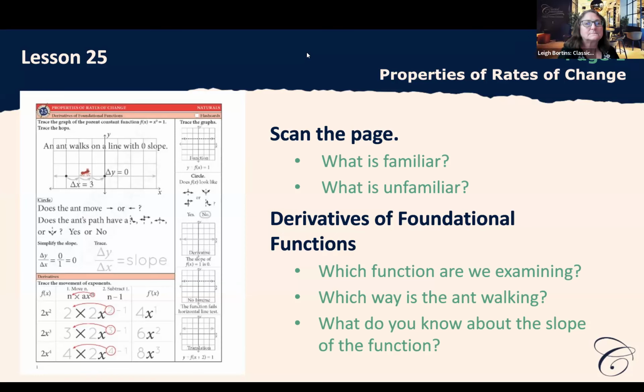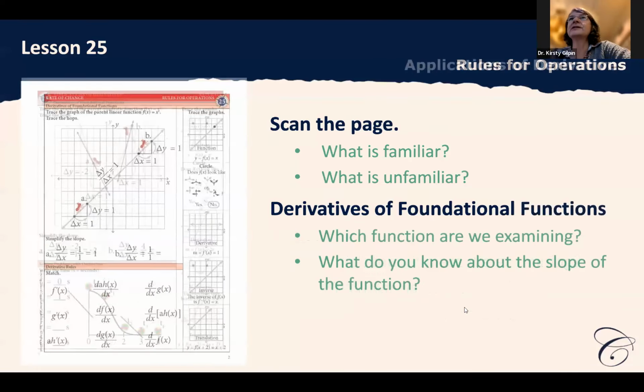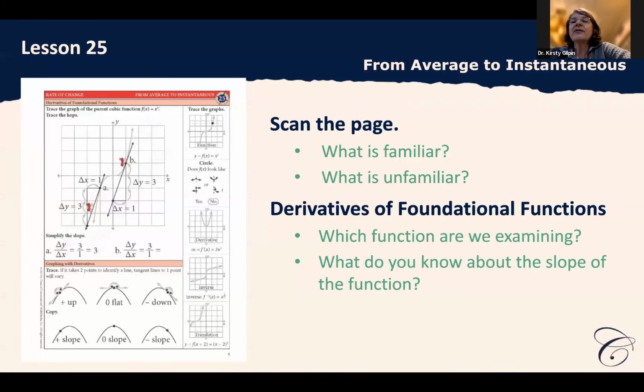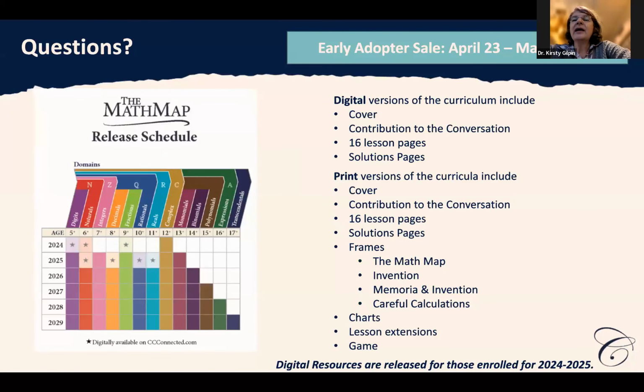All right, so let's go ahead to our middle slide, if you could, Christine, and we'll just pause there for a moment and let everybody know that if you are all set for your 24-25 year and have access to week 7 of CC Connected, so that means you're a director or you have paid your tuition, you will have access to the Math Map Companion.